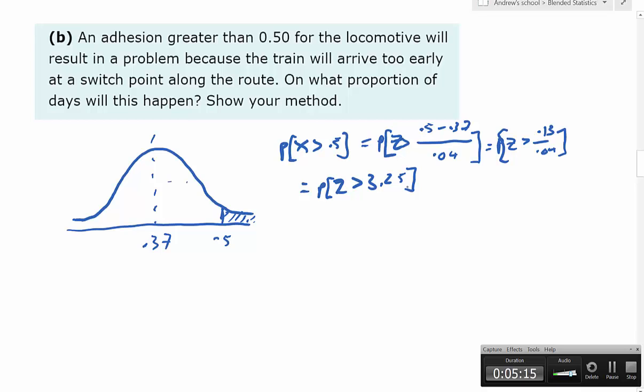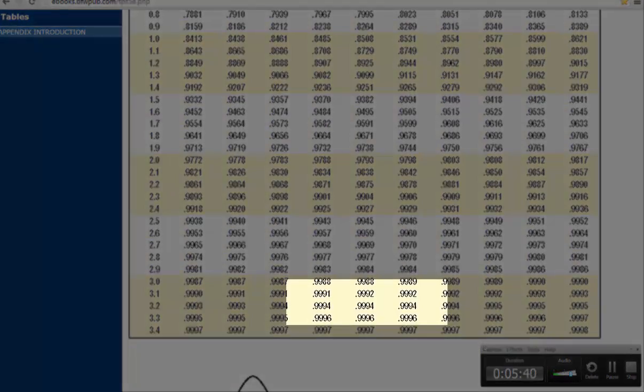Again, the tables tell us the area less than, so we want 1 minus this. So we want to look up 3.25 in the tables and take 1 minus that. So 1 minus phi of 3.25. Looking at the tables, we see that it's all the way over here, and the whole row virtually corresponds to 0.9994.